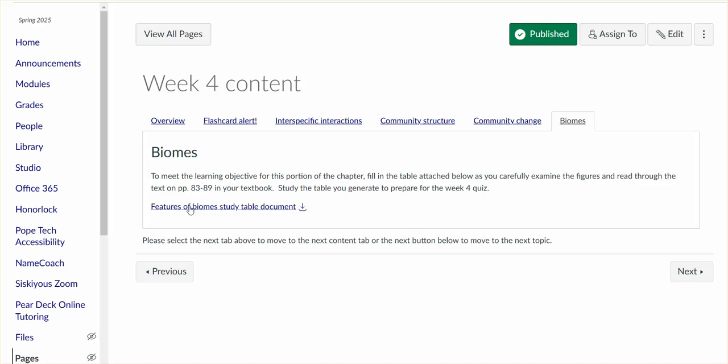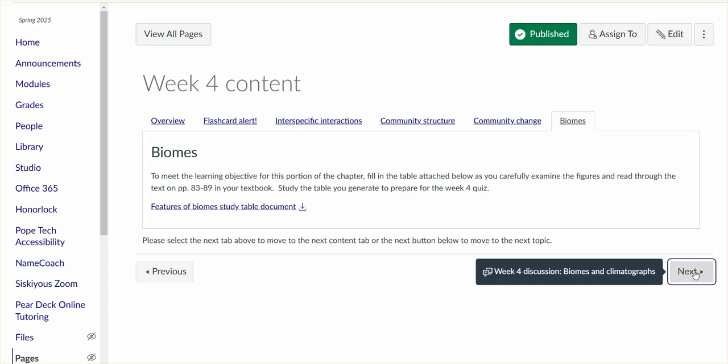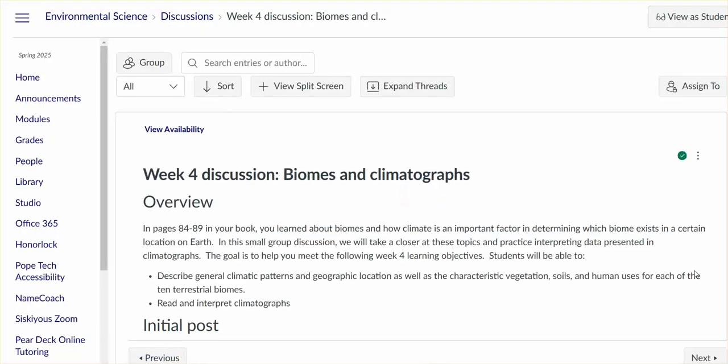And that is, again, something that you can fill out while you're reading the content on pages 83 through 89. A lot of people really don't learn well from just reading something. So these study tables are here to give you something to do and then give you a great study tool when you're done.